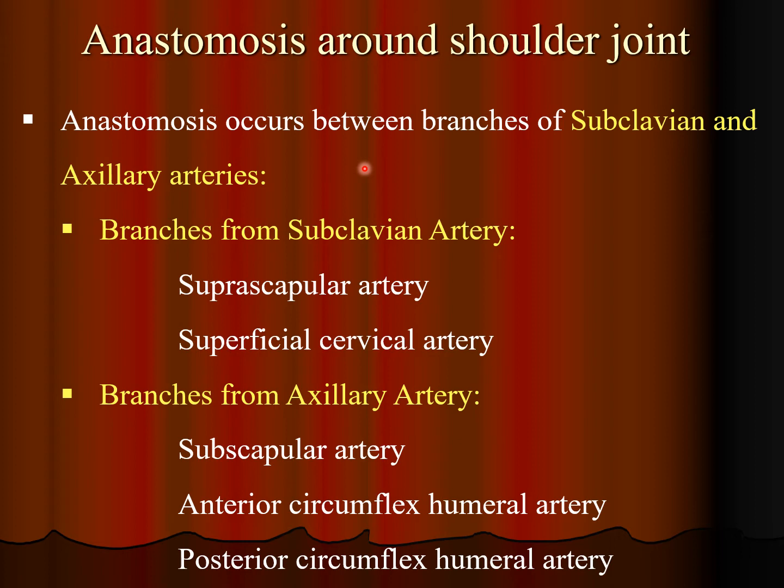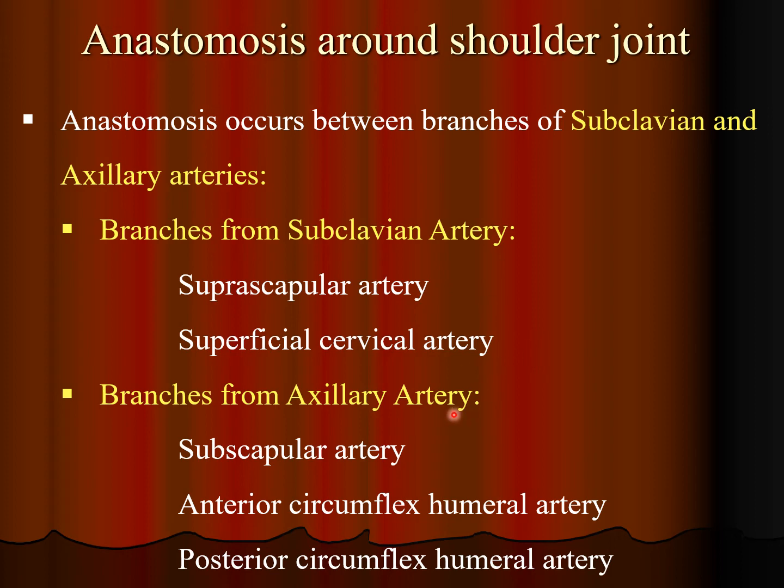So if we have a block in one branch of the axillary artery and it is anastomosed with another artery, blood will pass through the other artery. The anastomosis around the shoulder joint takes place between the branches of the subclavian artery and the branches of the axillary artery. The subclavian artery has two branches, suprascapular artery and superficial circumflex artery.